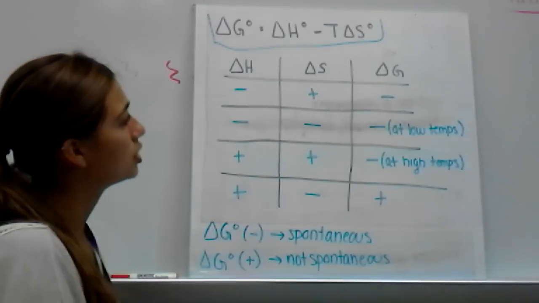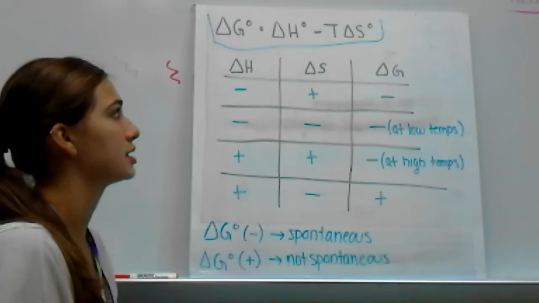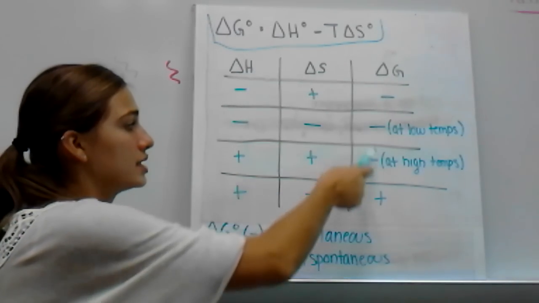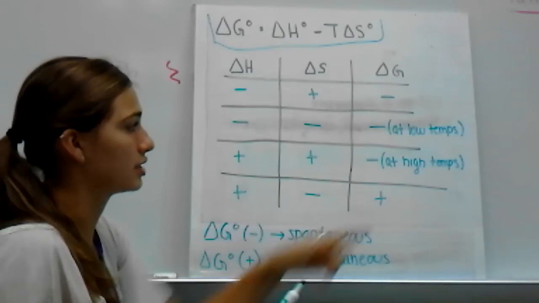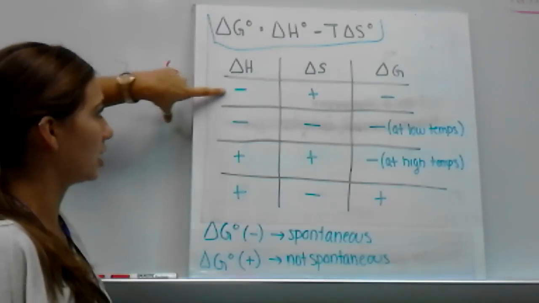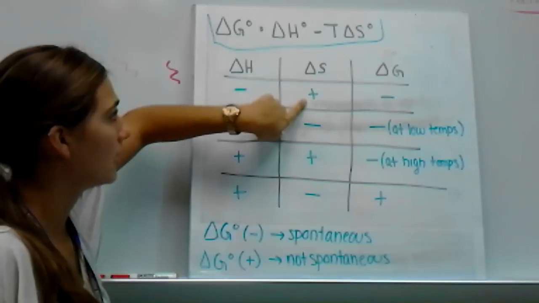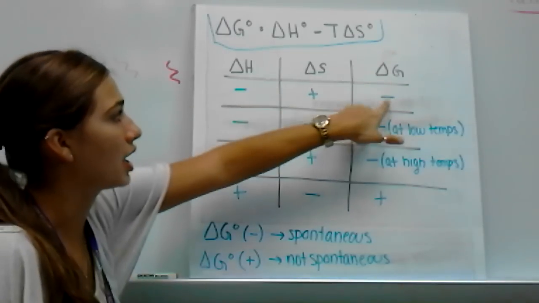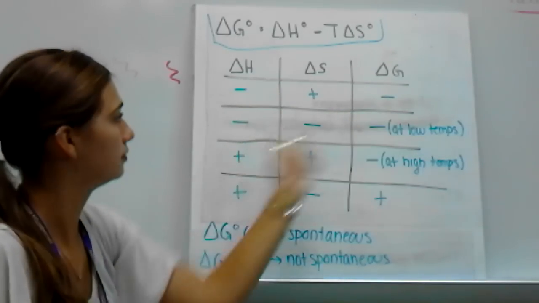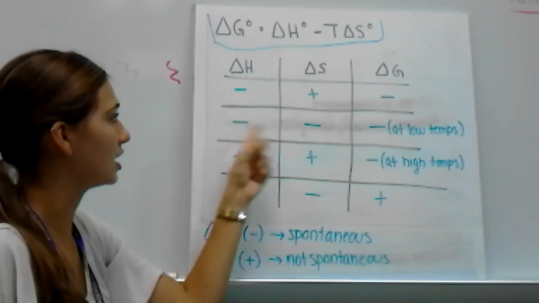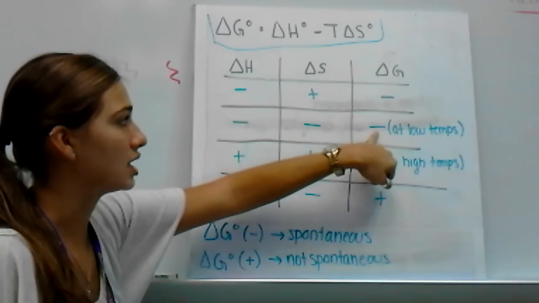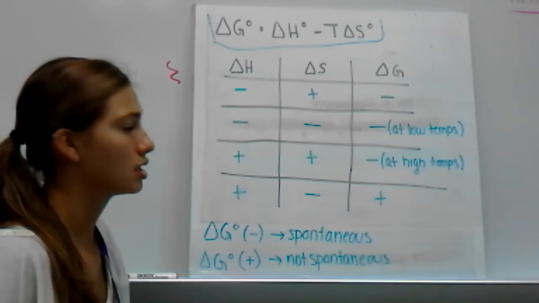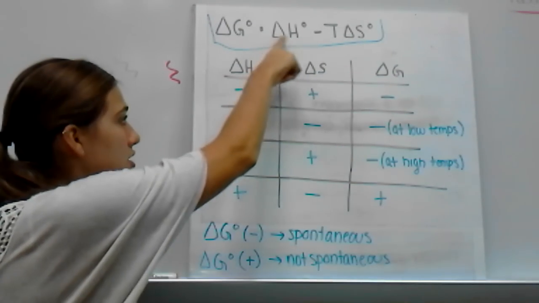Alrighty. So this chart right here tells us if our reaction is going to be spontaneous or not, based on our delta H and our delta S and our temperature. So if we have a negative delta H and a positive entropy, we're going to have a spontaneous reaction. If we have a negative delta H and a negative entropy, it will be spontaneous only at low temperatures. So you have to think about this as plugging it into the equation.